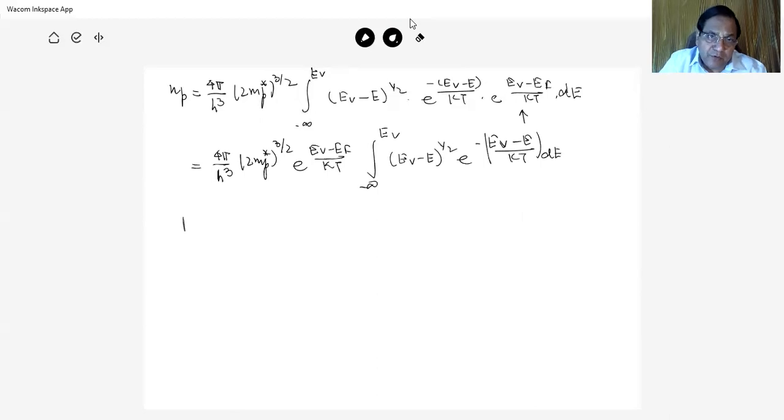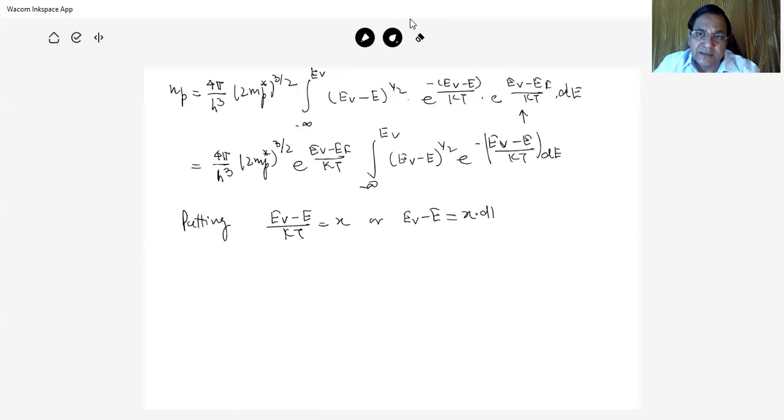Now putting the value (EV minus E) upon KT equal to X. So by substituting this value, EV minus E is equal to X into KT.